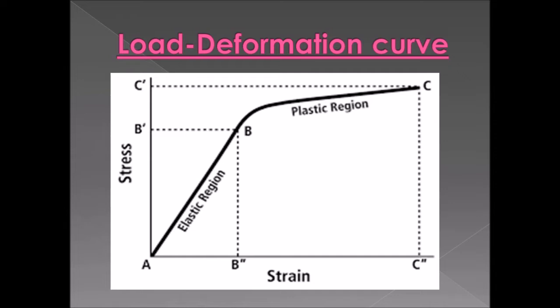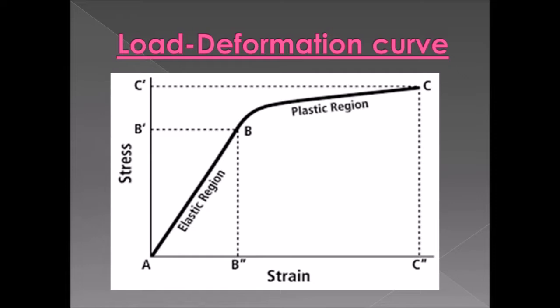It will return to its original configuration as soon as the load is removed. That's why it is known as elastic region, because in this region the bone shows the property of elasticity and undergoes deformation due to loading but comes back to its original configuration as soon as the load is removed.